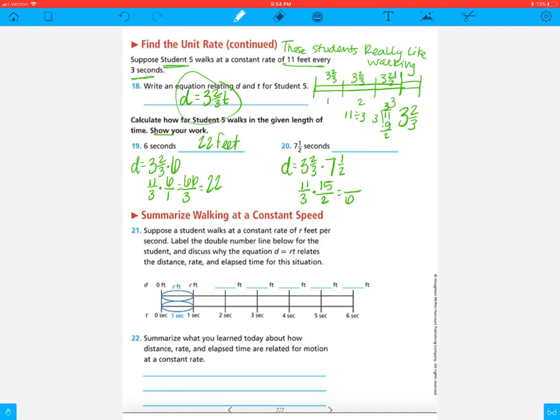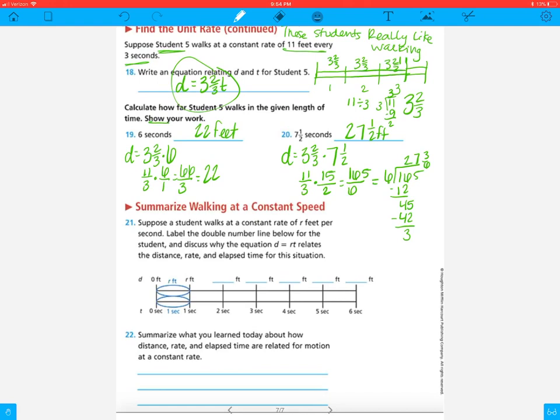I multiply straight across, and I will have a denominator of 6. My numerator is going to be quite large because I have 11 and 15, so it's 165. I will be simplifying this, and I divide it out. 6 goes into 16 2 times, and 6 goes into 45 7 times, and I have 3 left over, which is equal to 27 3/6, or 27.5.